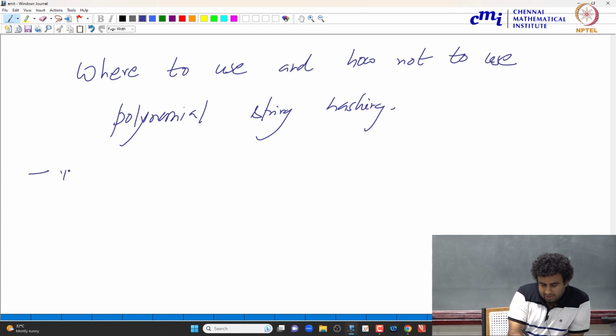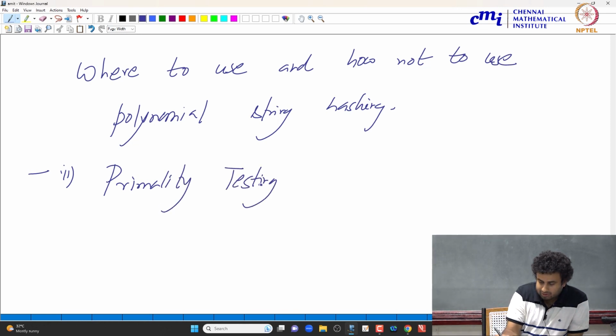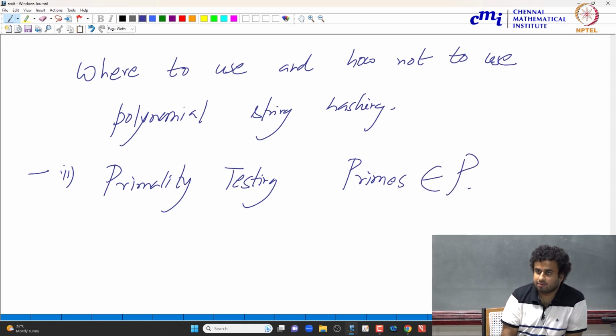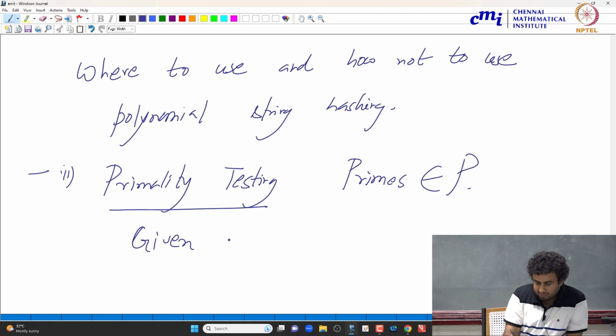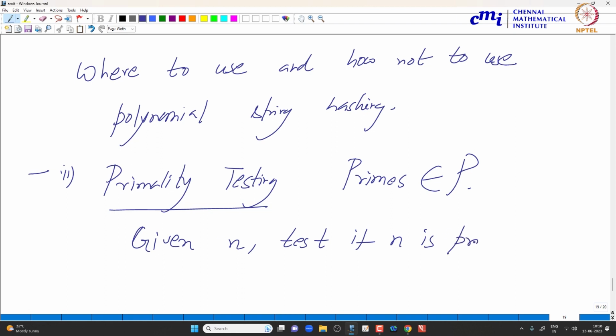So another application that is famous is primality testing. Some of you probably know about this result called PRIMES is in P. Have you heard about this result? Primality testing, obviously, given n, you want to test if n is prime. If you do brute force search, n is given in roughly log n bits, so a polynomial time algorithm has to be polynomial in log n, not n.